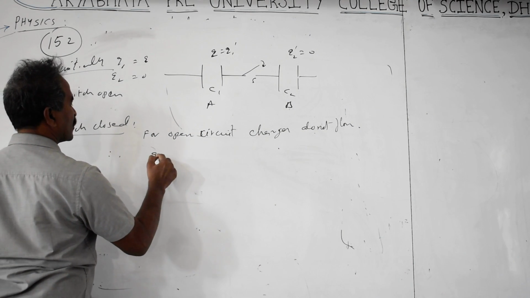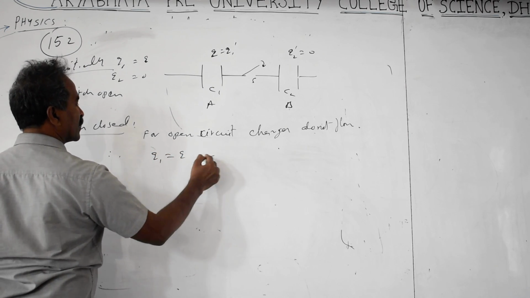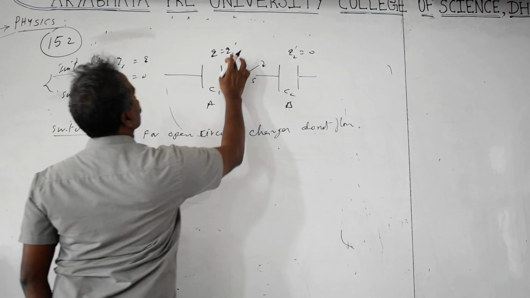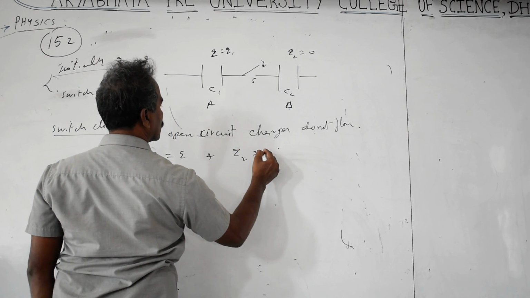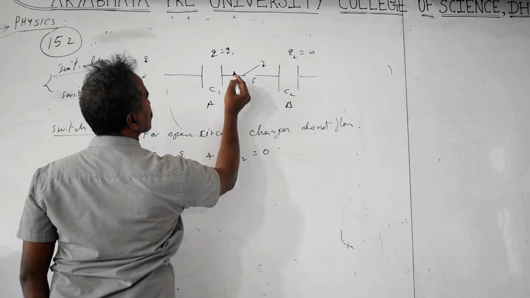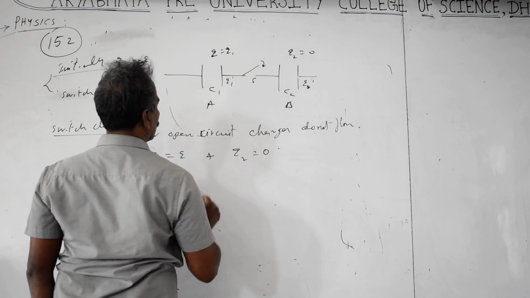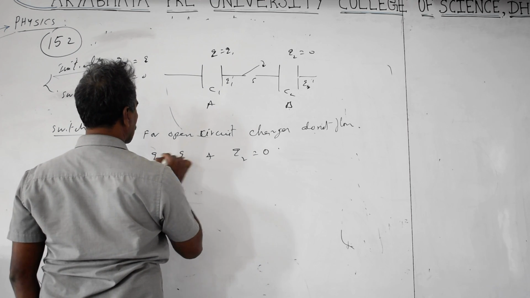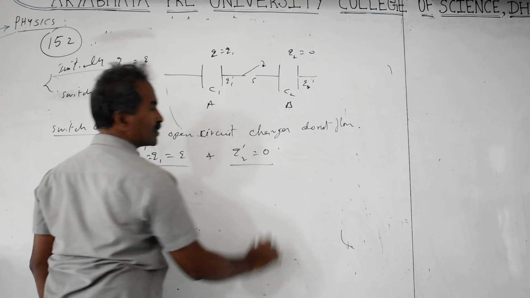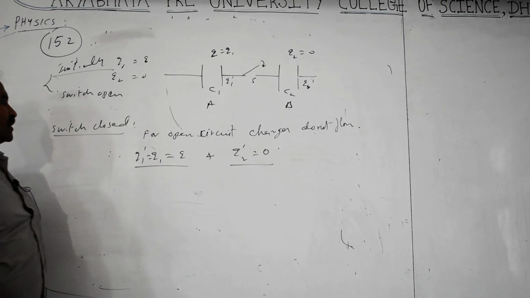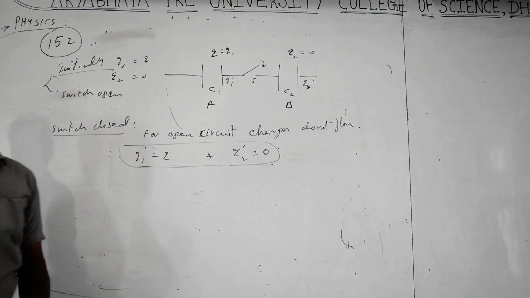Therefore Q1 is equal to Q only, and Q2 is equal to 0. I will write the new charges as Q1 prime and Q2 prime. Q1 prime equals Q1, that is Q only, and Q2 prime is 0 only, no change. No flow of the charges.